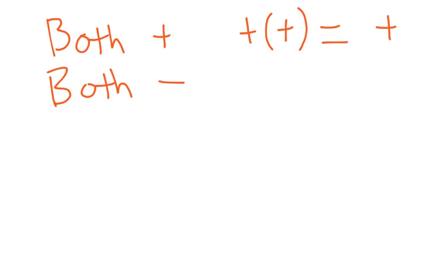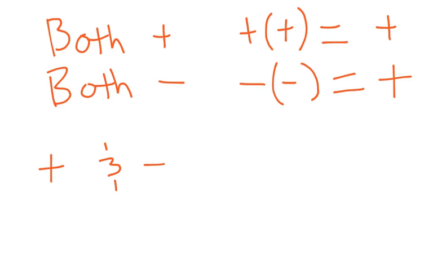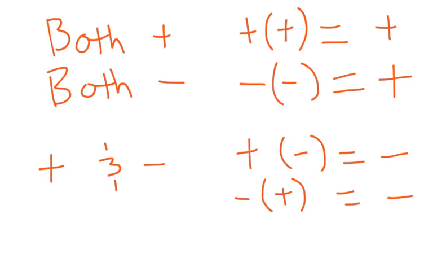So if you're multiplying a negative times a negative, well, that's also positive. The only time that you're going to end up with a negative answer when you're multiplying and dividing is when you have a positive and negative. So if you have a positive times a negative, or a negative times a positive, or any of these could be written as division, this is going to equal a negative answer, and this is going to equal a negative answer.